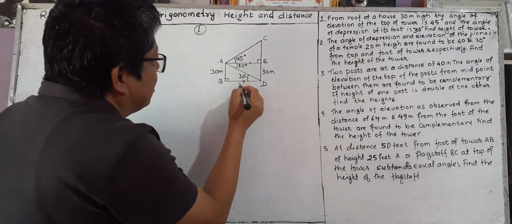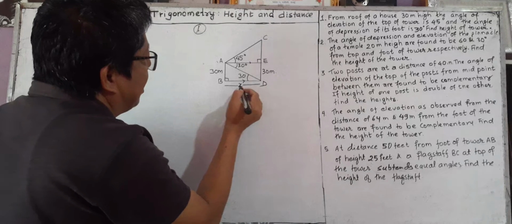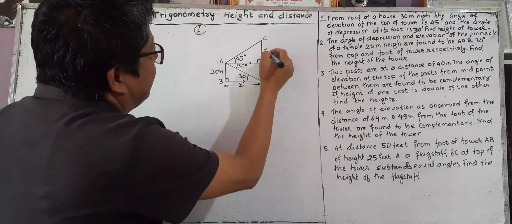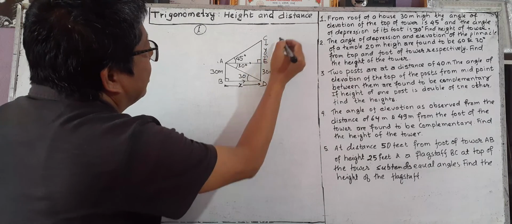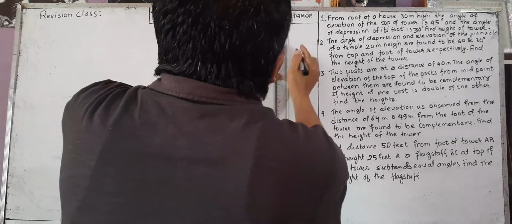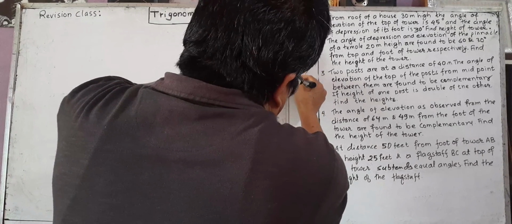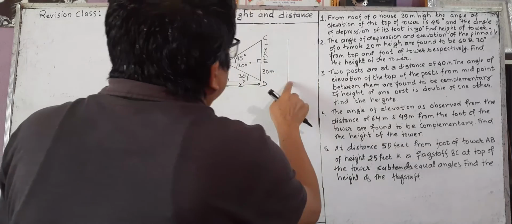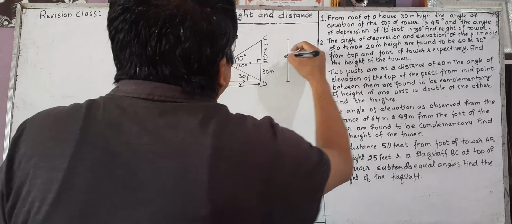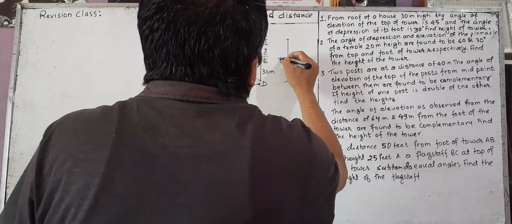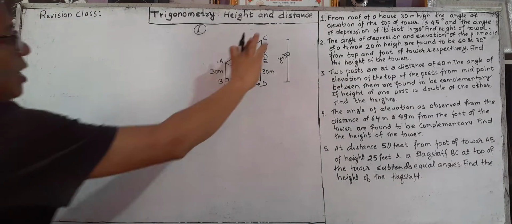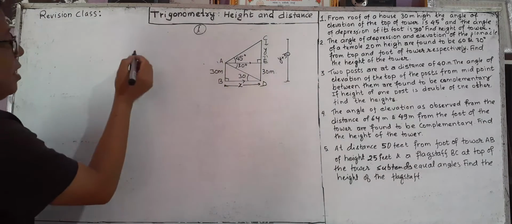And let us suppose BD is X. And CE is Y. Then the total height of the tower is Y plus 30. This is the total height of the tower. So we describe the diagram now.